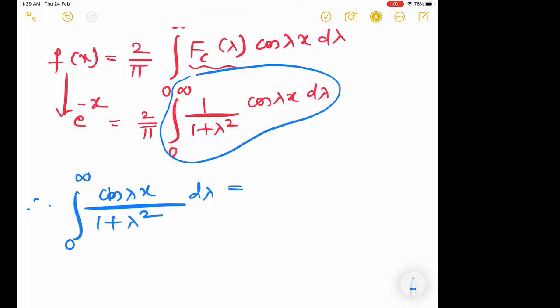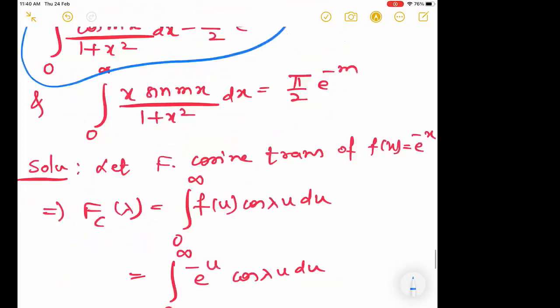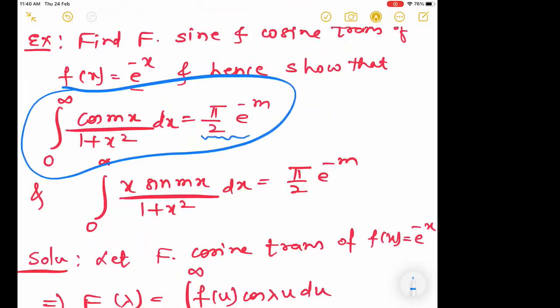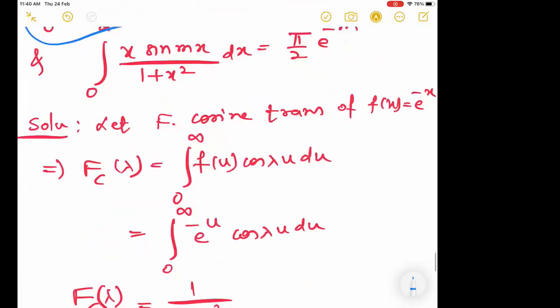So it will be e raised to minus x into pi by 2. Is this the answer required, or what change still needs to be made? The answer is this. So what change can we make?